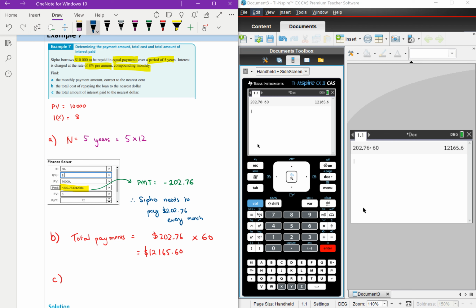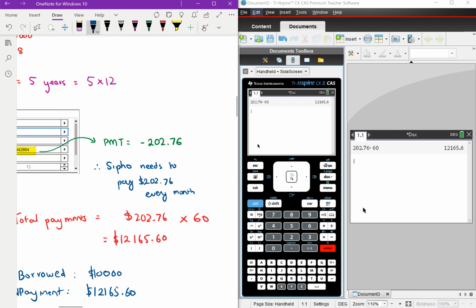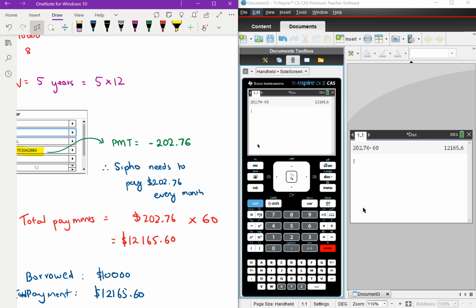Sifo borrowed $10,000, but then Sifo ended up paying a total of $12,165.60. So over the course of 5 years, he ended up paying an extra how much? That's clearly the interest part.